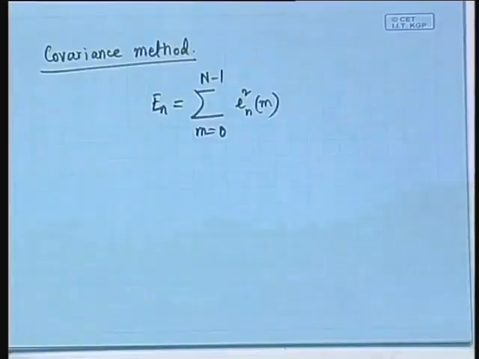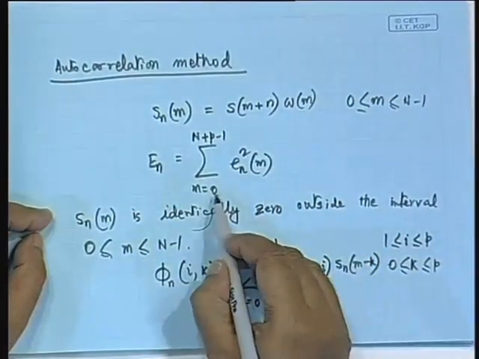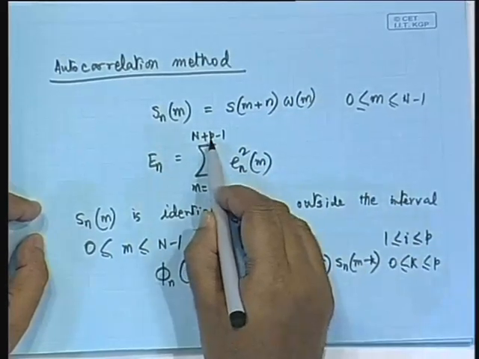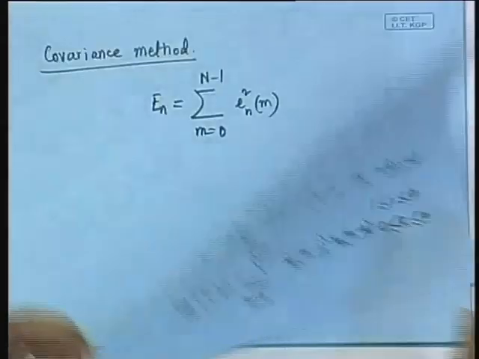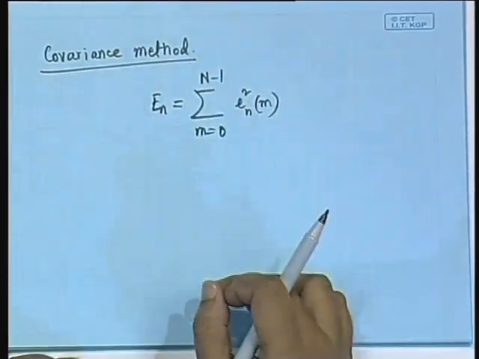So this is different from the error definition we used last time. Have a look at the definition we had given earlier. For the autocorrelation method we had defined En as the sum of En square m, but with m equal to 0 to n plus p minus 1, whereas in this case m is equal to 0 to n minus 1.